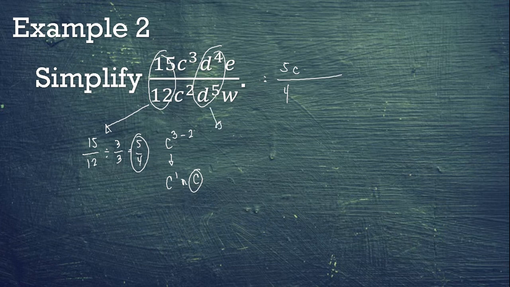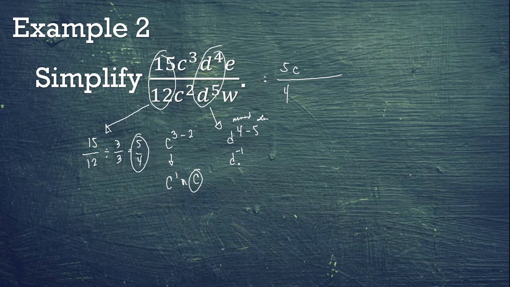So next is D. So we have D raised to 4, given again that whenever we divide similar variables, we will subtract their exponents. So 4 minus 5. 4 is the numerator and then 5 is the denominator. So we subtract them. Now D will be raised to negative 1.